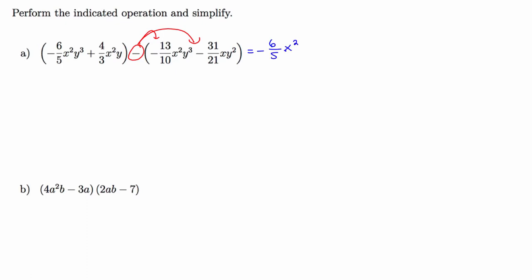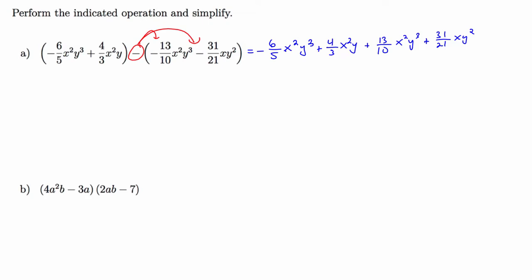So it'll stay negative 6/5 x squared y to the third plus 4/3 x squared y, but the second polynomial's signs will change. It'll become a plus 13/10 x squared y to the third plus 31/21 xy squared.